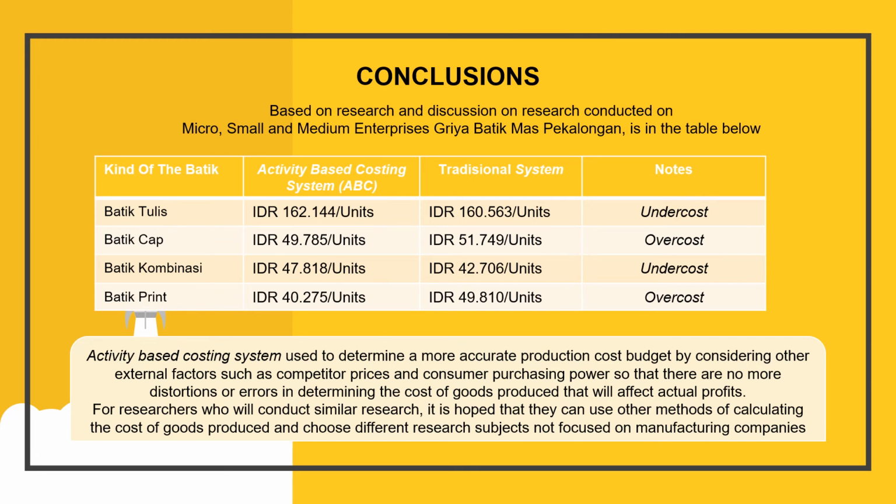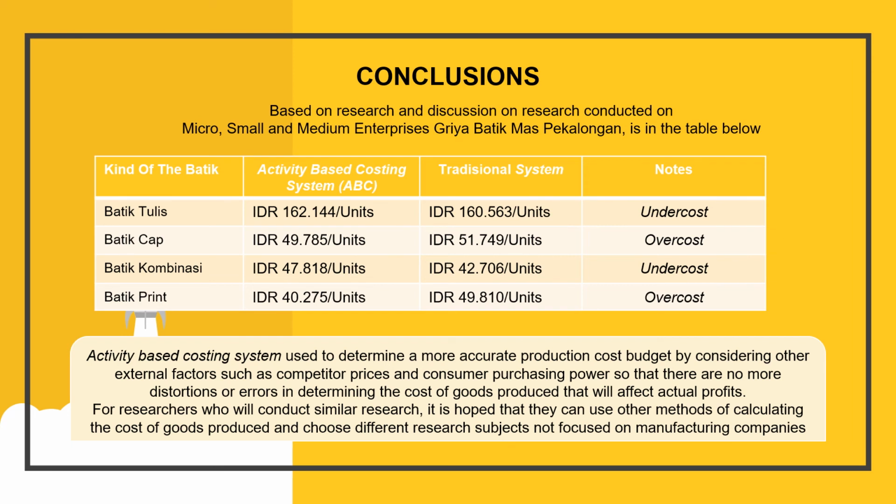As the conclusion, it is undercost. And the last, the activity-based costing system for batik print is 40,275 per unit, and in the traditional system, it is 49,810 per unit. As a conclusion, it is overcost.